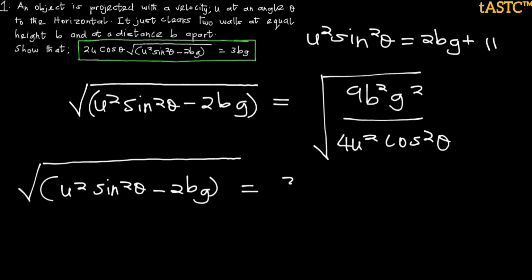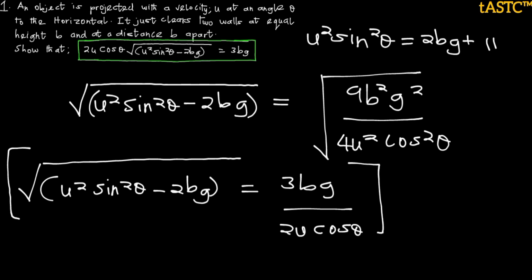Now the square root of this is basically a 3. The square root of b squared is b, and the square root of g squared is g. This will be divided by the square root of 4, which is 2. The square root of u squared is u, and the square root of cos squared theta is cos theta. So this is what you got. Next, I'm going to multiply both sides with 2u cos theta.